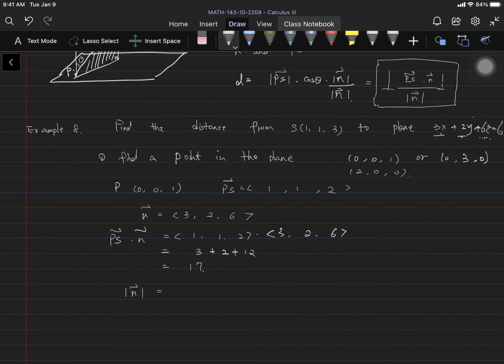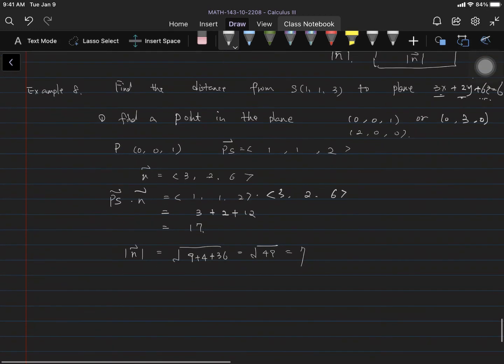The length of the n vector, which is the square root of 9 plus 4 plus 36, so root of 49, which is 7. So the distance is PS dot n divided by the length of n, which is 17 over 7. That's all.